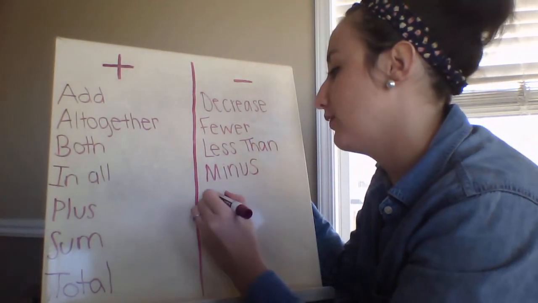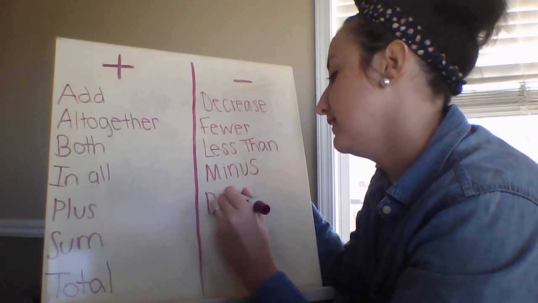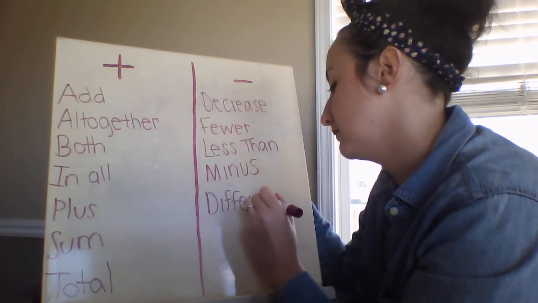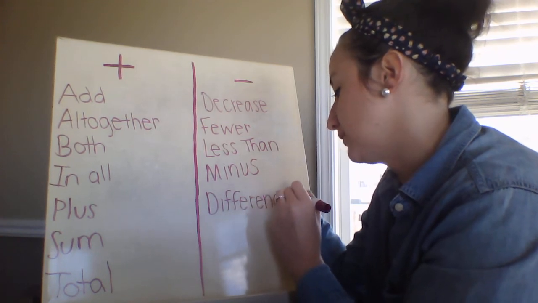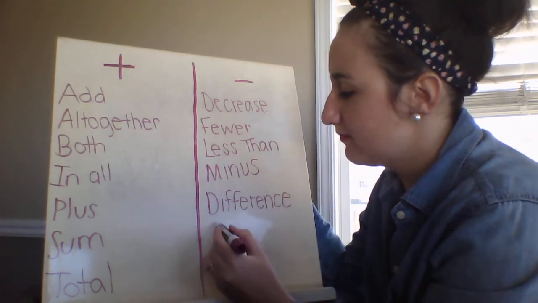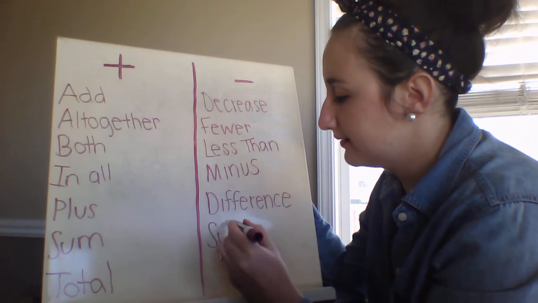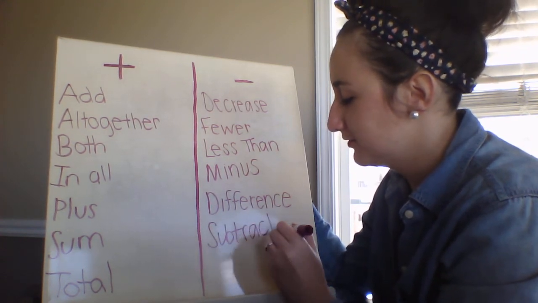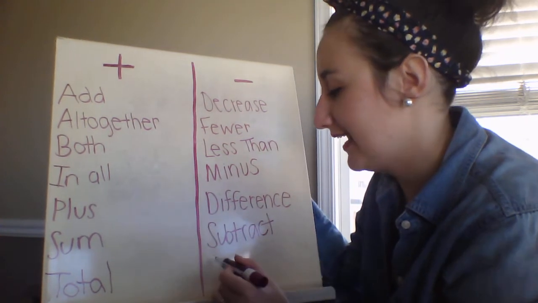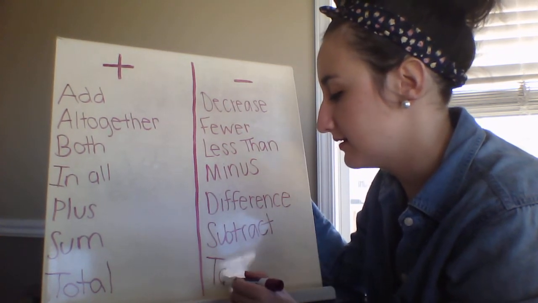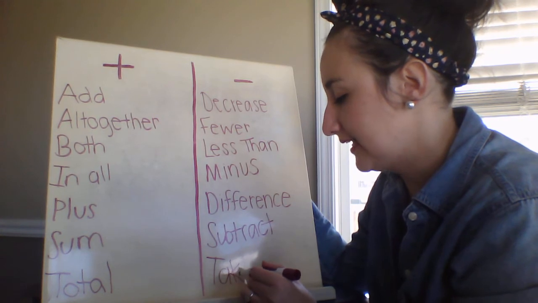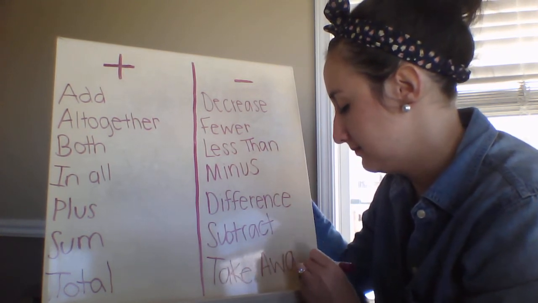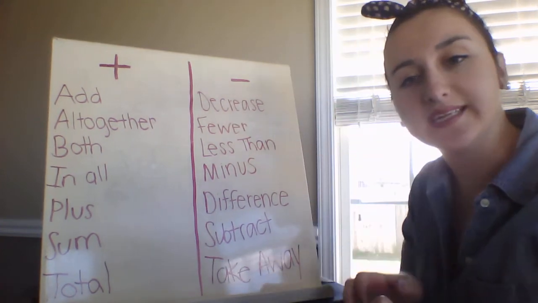If you saw the word difference, that would let you know to subtract. If you saw the word subtract, you would need to subtract. And lastly, if you saw the words take away, you would need to subtract.